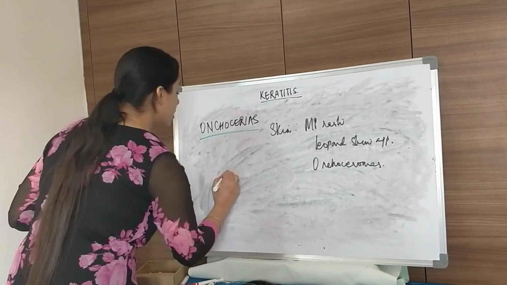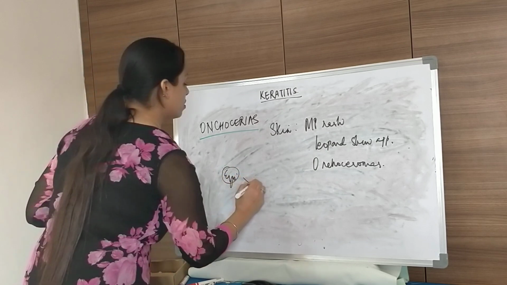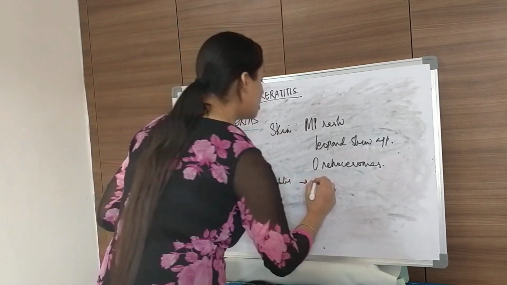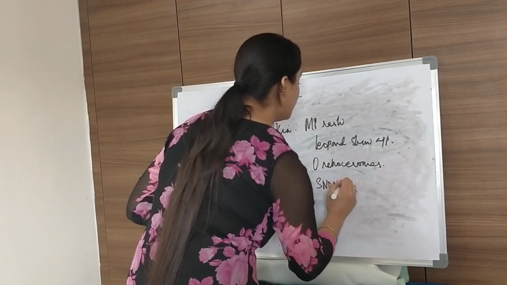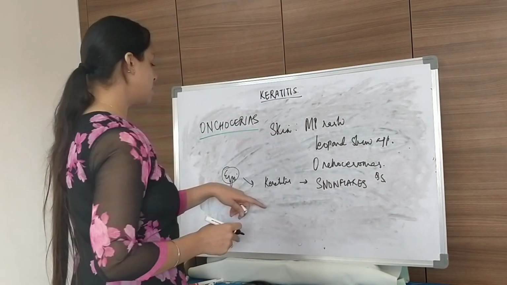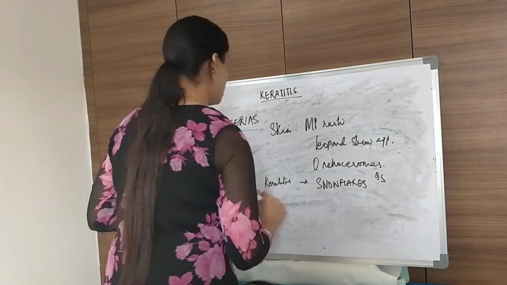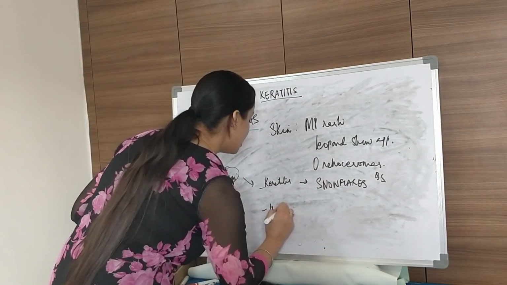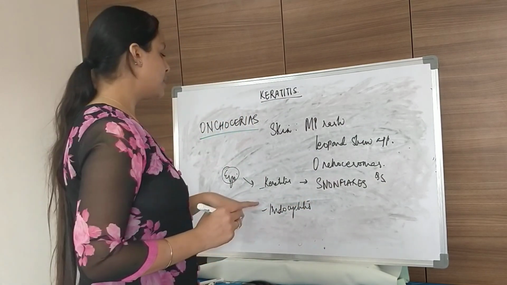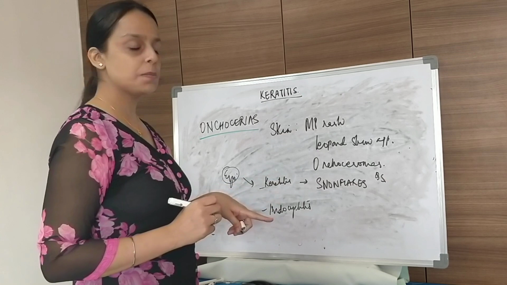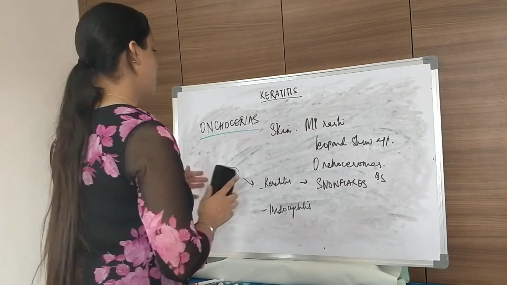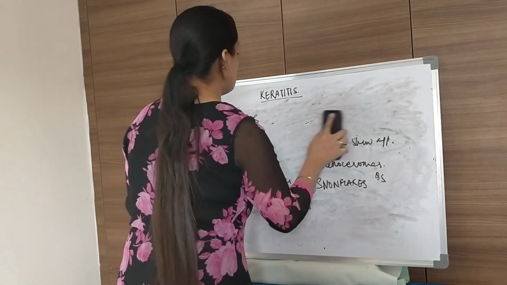Coming to the eye, it will cause keratitis, and this keratitis will be in the form of snowflakes. Okay, so this is also an MCQ. Snowflake keratitis happens in case of Onchocerciasis. It will cause iridocyclitis, and sometimes these live microfilaria can be seen in the anterior chamber, sometimes they can be seen in the vitreous and retina. So these are the clinical manifestations of onchocerciasis.